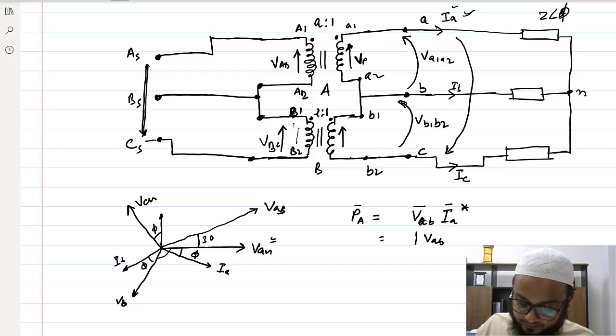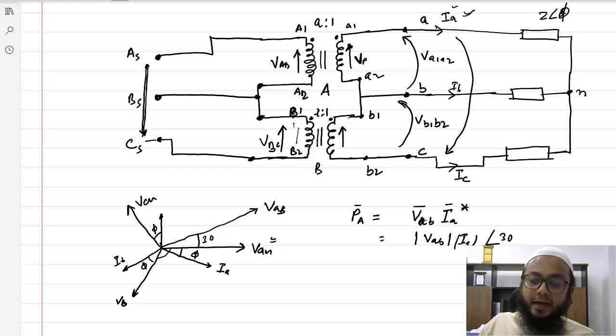VAB, and IA is the magnitude of it, and the angle between VAB, that is 30, and the angle of IA conjugate, that would be minus phi here, but the conjugate will make it phi.